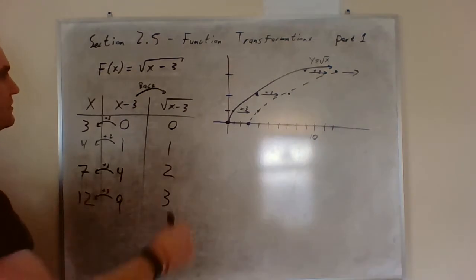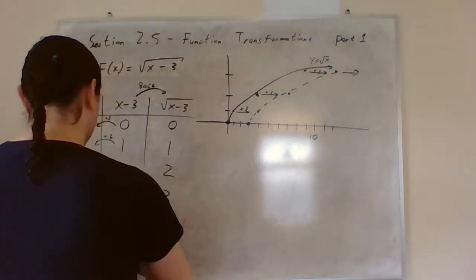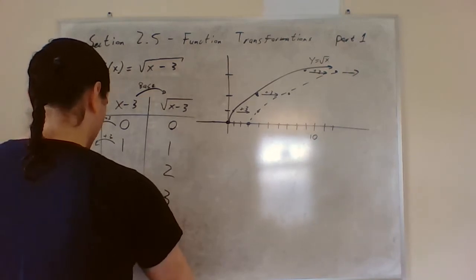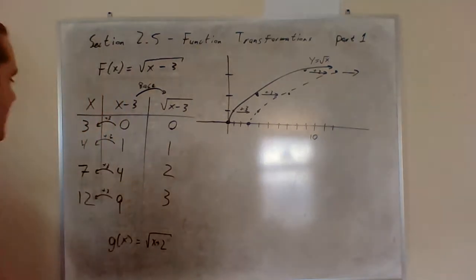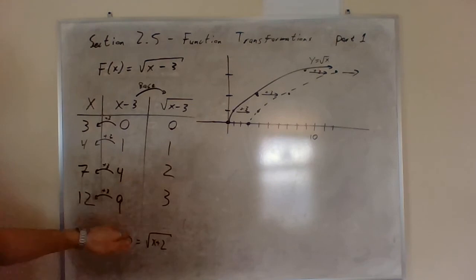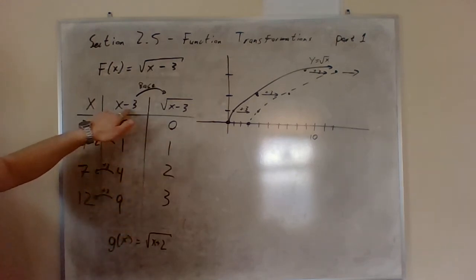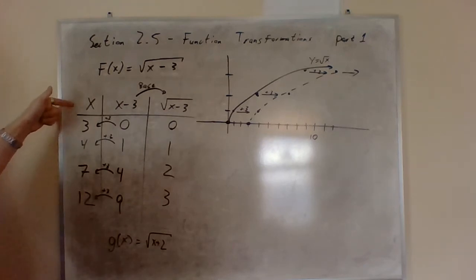If we had done something like g of x equals the square root of x plus 2, we would have still put these exact same numbers in the middle column, 0, 1, 4, and 9. But if those are my x plus 2 values, then my x values would have needed to be 2 less than that.